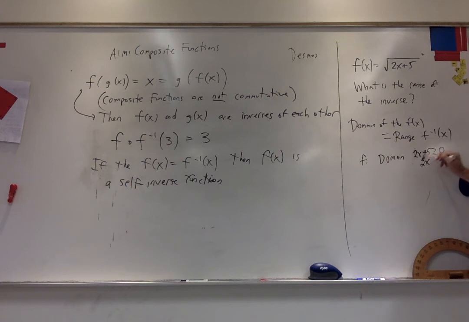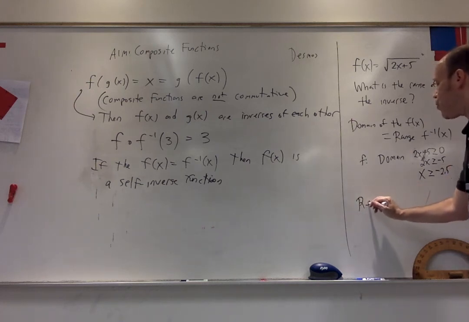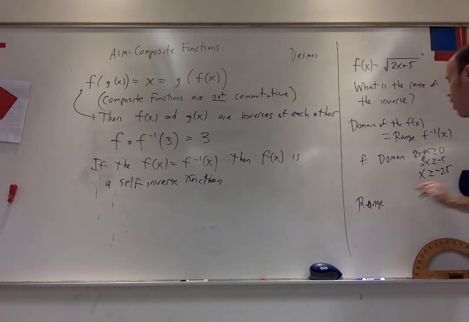So 2x has to be greater than or equal to negative 5. X is greater than or equal to negative 2.5. Therefore, the range, this is kind of cool, I love this, the range of the inverse is y is greater than or equal to negative 2.5.